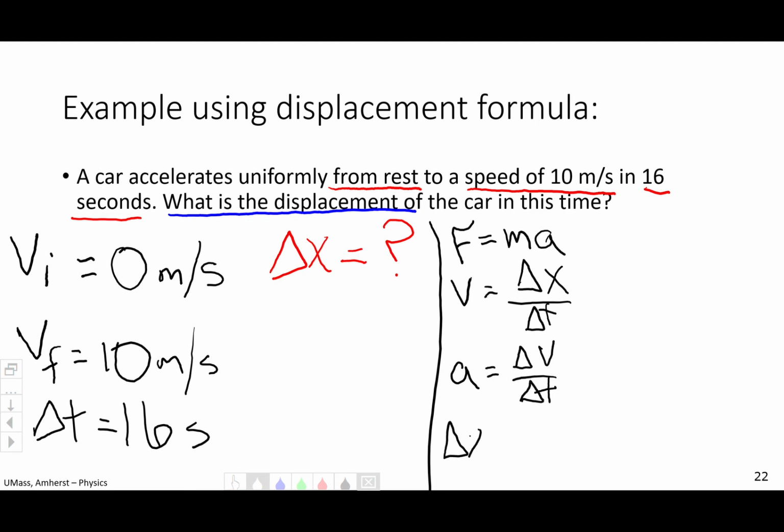And now we know that displacement is 1/2 (vi plus vf) times delta t. So we've got a list of formulas. Let's do our sanity check. Let's figure out whether or not we can solve this problem.